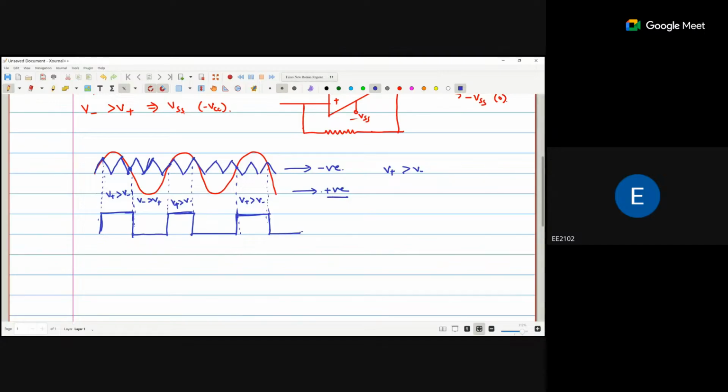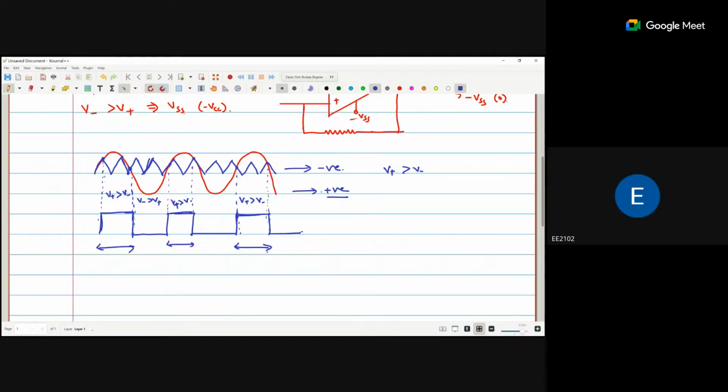So basically, your PWM signal is generated. Here you can see the width of the on cycle is different each time. So in every particular duration, the on cycle is different. So this is a PWM signal.